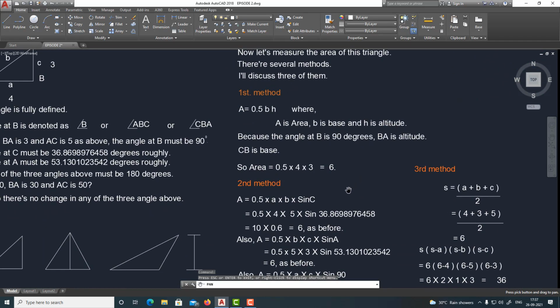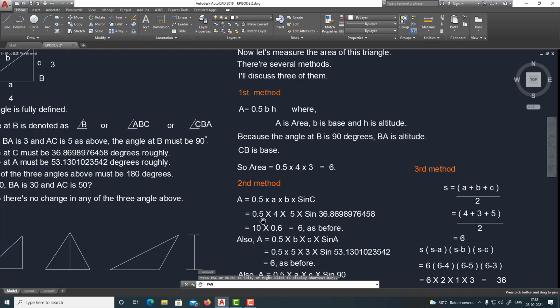Now we take second method. Area is equal to half AB sine C. This angle C is included angle. So if we take A and B, angle C will be 36.869897645 degrees.